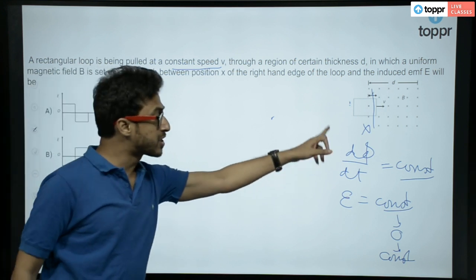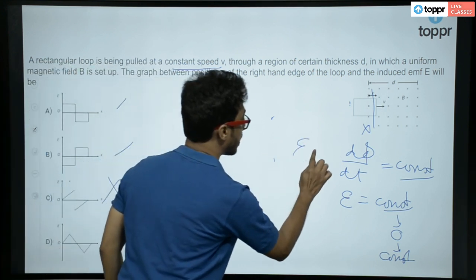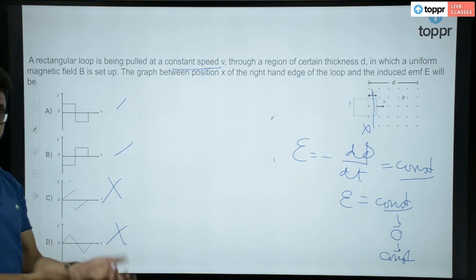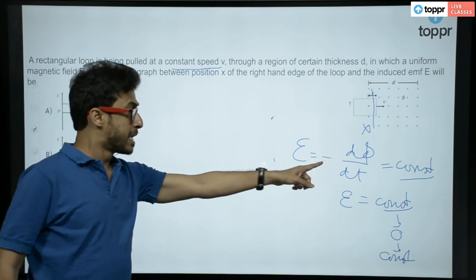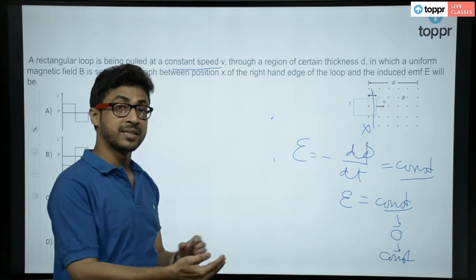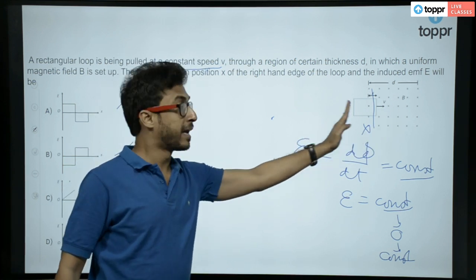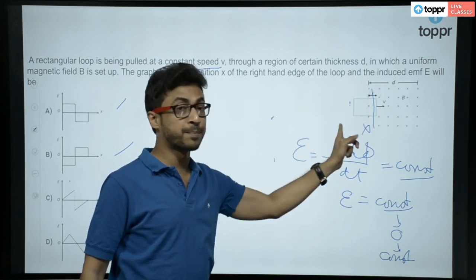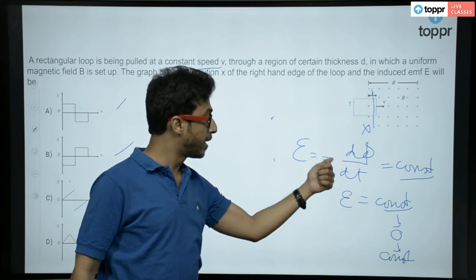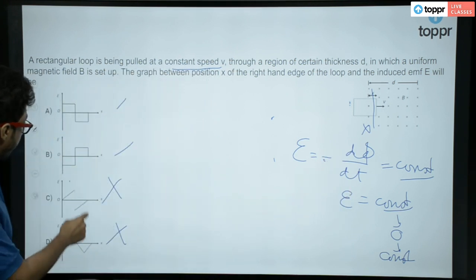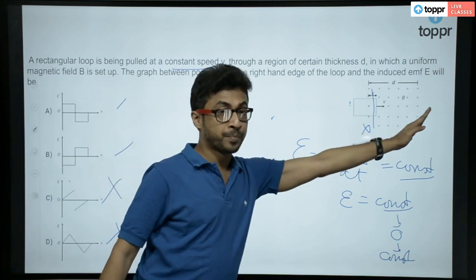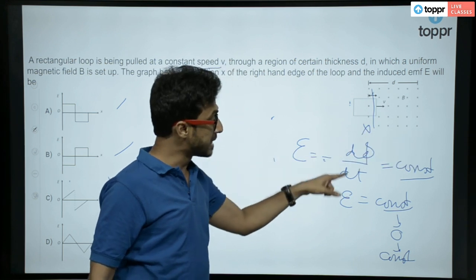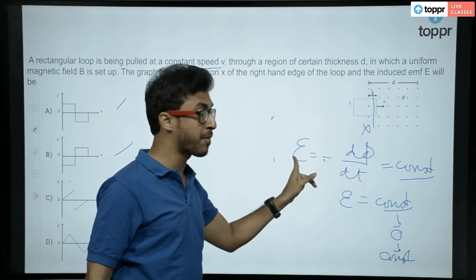Now EMF is just not d phi dt. EMF is minus d phi dt. Now you have to understand the use of the minus. Minus means that d phi dt is a change of flux at a constant rate, and it is increasing. As it is increasing, d phi dt is positive, so EMF will be negative. And when it is going out, the flux is decreasing, so d phi dt is negative, and negative of negative means EMF will be positive.